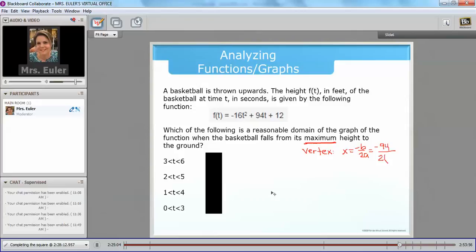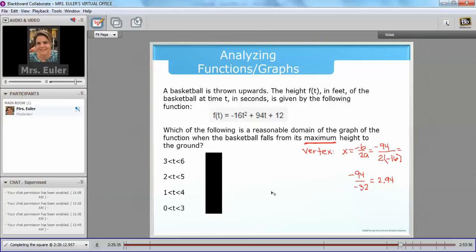A in this case is negative 16. And simplify. So negative 94 divided by negative 32 looks like positive 2.94, I believe, something close to that.